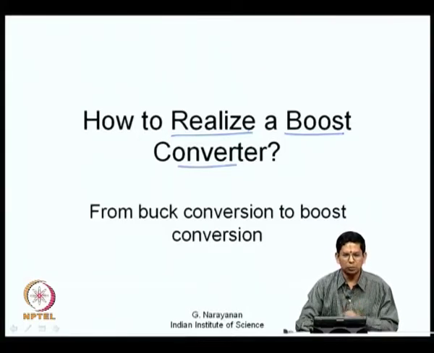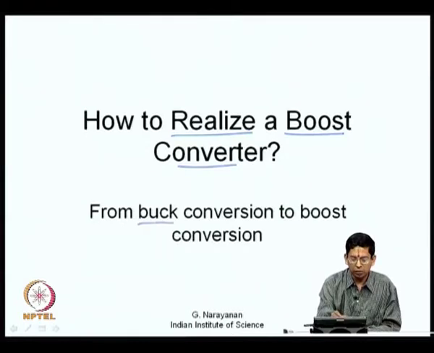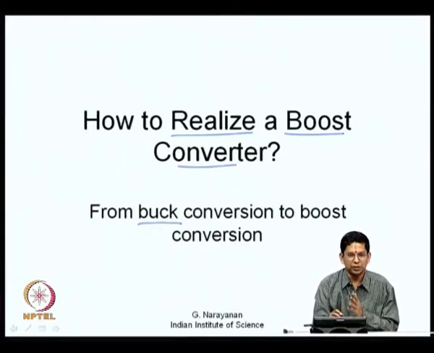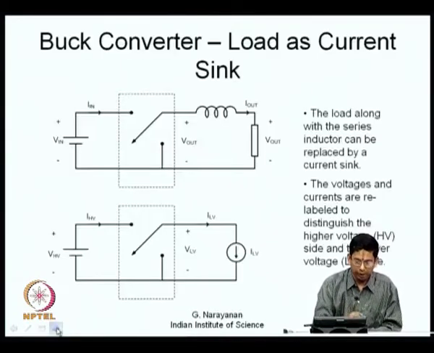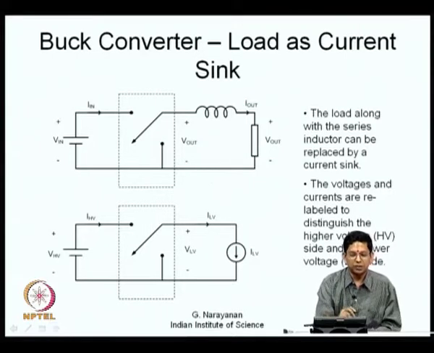Let us try to understand a boost converter starting from a buck converter. Let us start from a buck converter which we have discussed till now and see how we could possibly have boost conversion. Let us say this is the buck converter we saw. I have shown this using a single pole double throw switch rather than using a transistor and a diode.